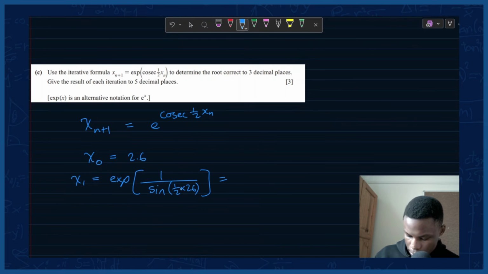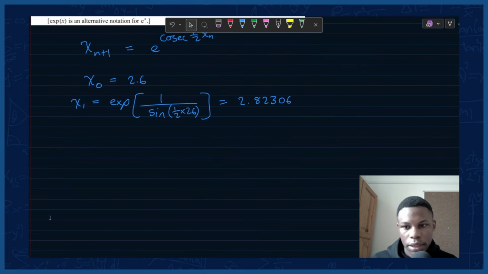And this is the exponential of 1 over sine of a half times 2.6, which is 2 point, they want each iteration to 5 decimal places. Okay, so that's 82306. All right. And now x2. So this is the exponential of 1 over sine.